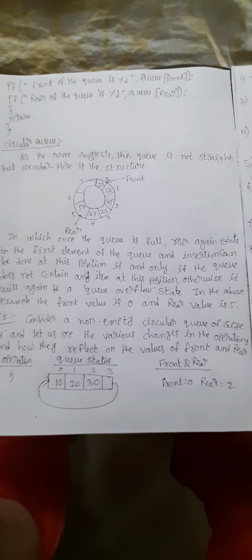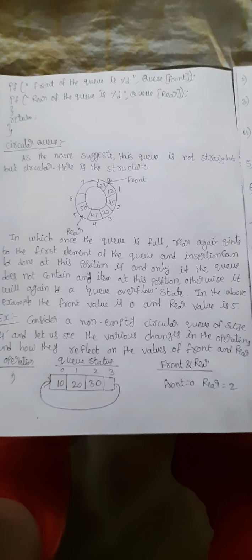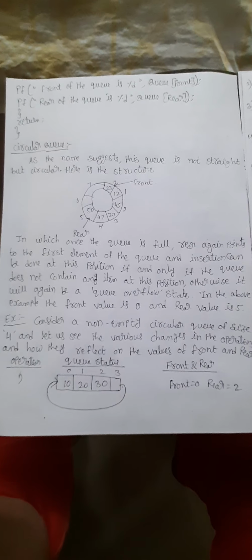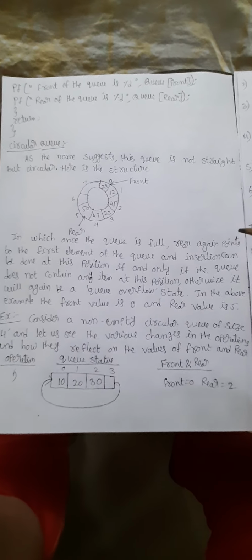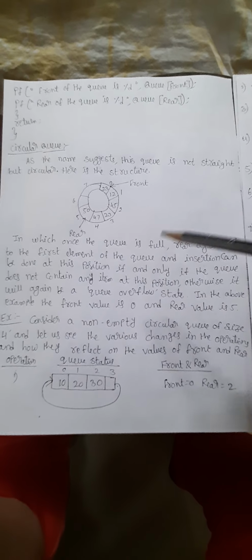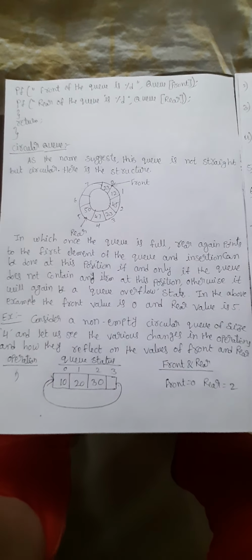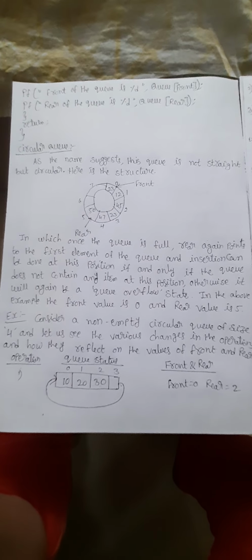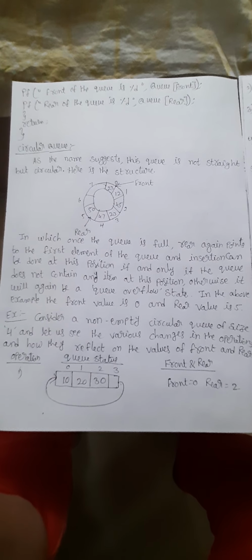Whereas the circular queue is represented in a circular form, where the last position again points to the first position, and that is called the circular queue. Here in this circular queue, once the queue is full, it again points to the first element of the queue, and insertion can be done at this position if the queue does not contain any element at this position.